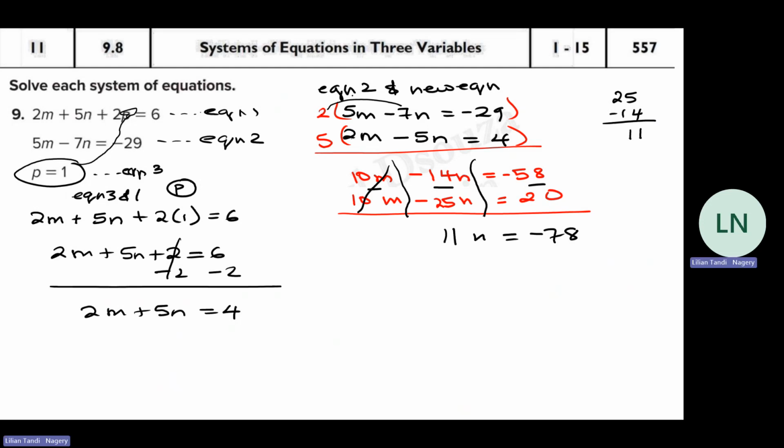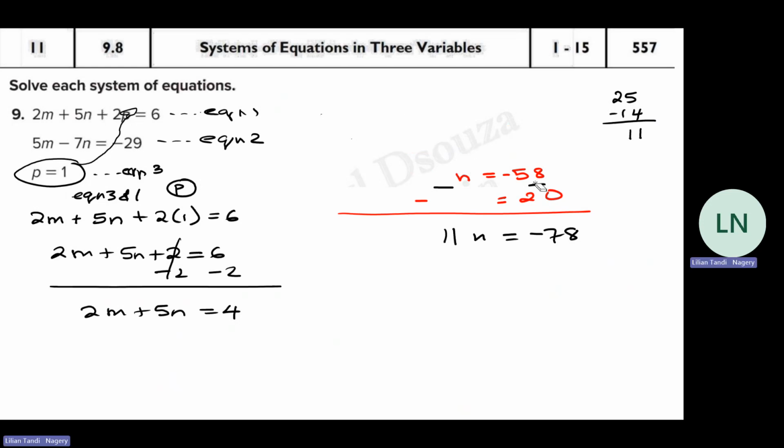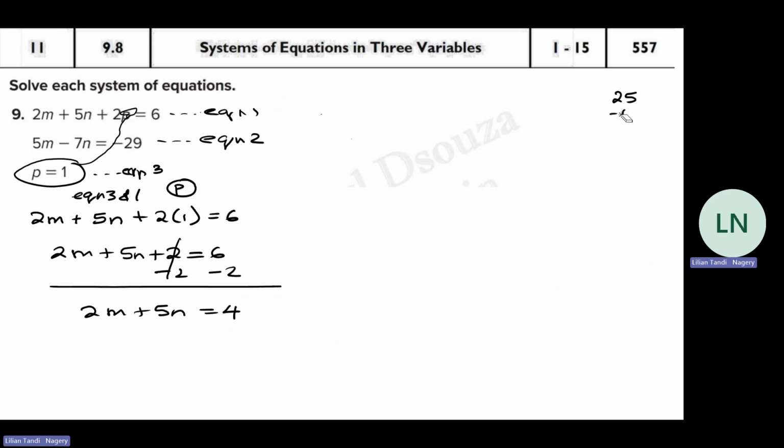You know what? Let's erase this. I must have done something because this does not make sense to me. Okay, let's check again. What did I do here? Equation 3 and 1. So equation 1 and 2.